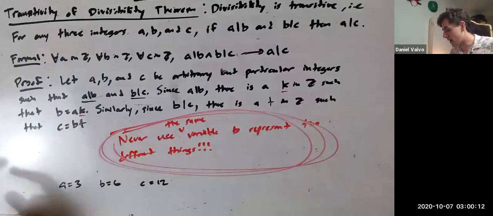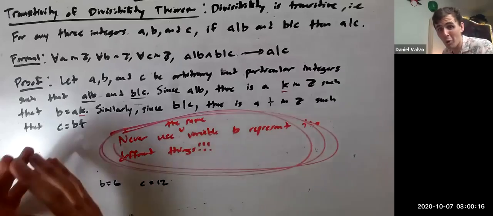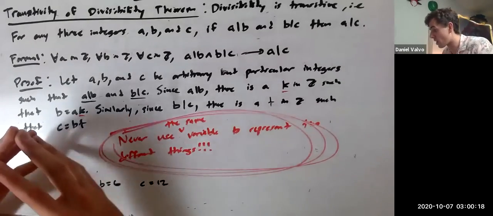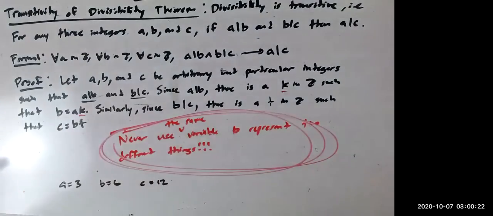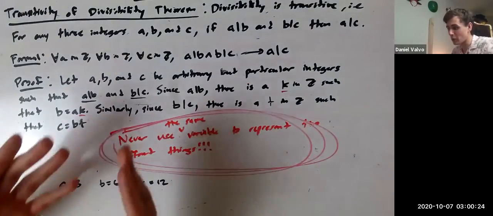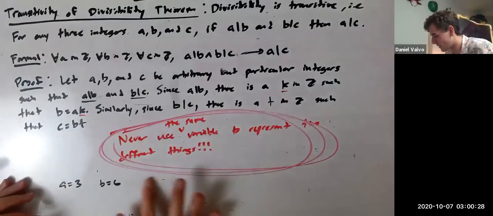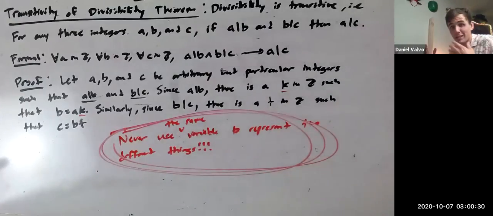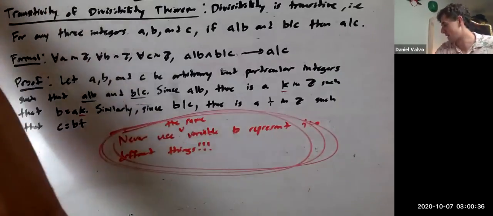But the point is, even though they could be the same, they're not always going to be the same. So that's the whole thing about arbitrary but particular. These are arbitrary in the sense that we can't assume k and t are the same because we don't know what they are based on for any old a, b, and c. And if they do happen to be the same, that's fine. It's okay if sometimes k would be the same thing as t. That's okay.